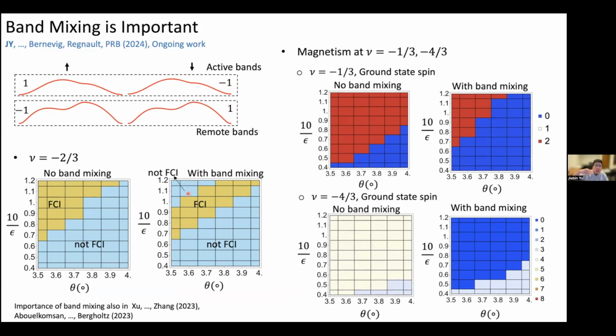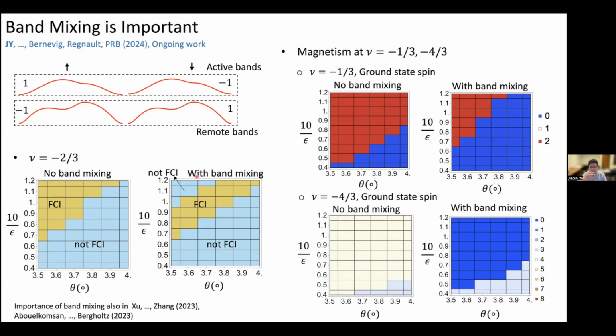So when the interaction is very strong, the remote band will come into play and trivialize the system. If we have super strong interaction, these two bands just form an atomic limit, so naively, it won't give us FCI, right?